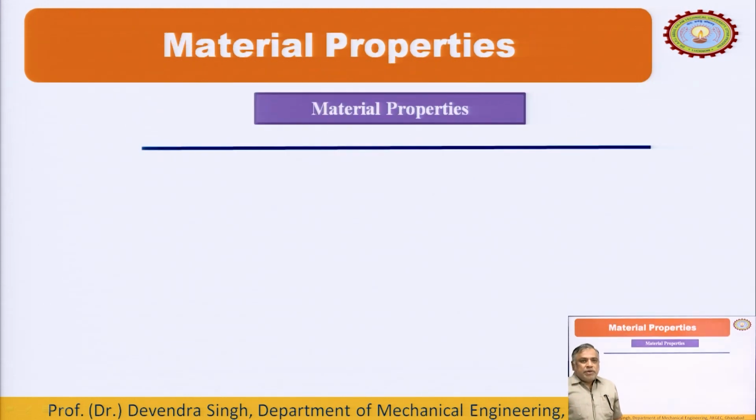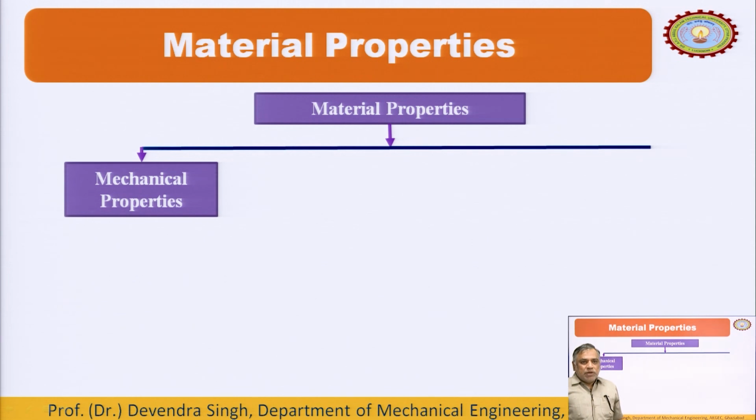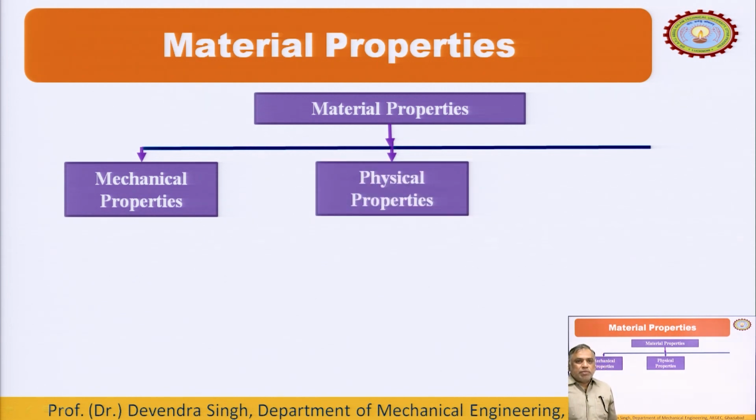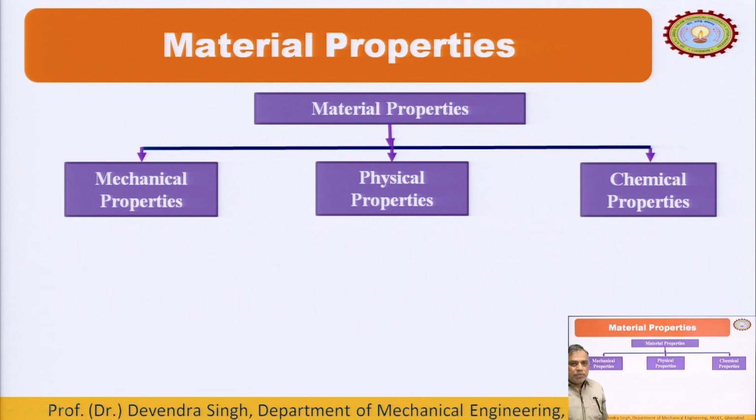Now, the material properties. Primarily we can classify them in 3 categories: mechanical properties, physical properties and chemical properties. Chemical properties indicate chemical reaction, like toxicity, flammability or corrosion resistance, or whether the material is oxidation prone or offers some resistance against oxidation.